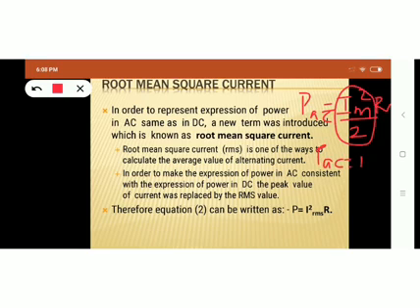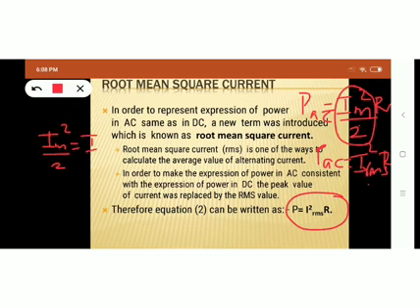So now we got the expression as I square RMS, sorry, not divided by, it is just I square RMS into R. So now the power dissipated in an AC circuit is I square RMS. So I square RMS took the place of Im square by 2. We can write Im square by 2 is equal to I square RMS.